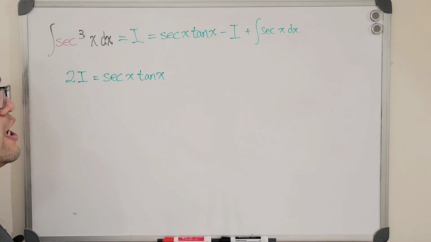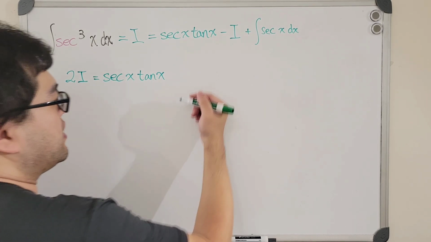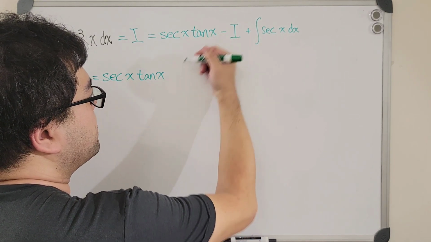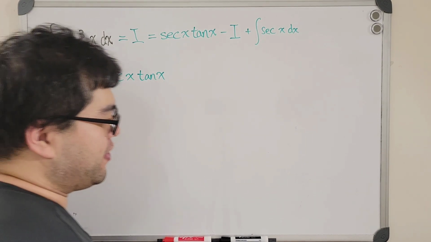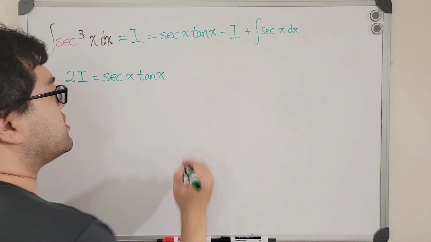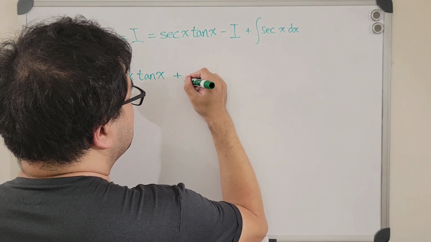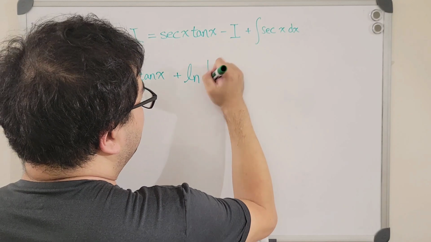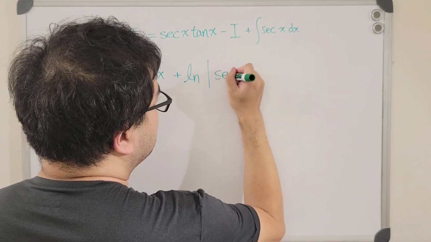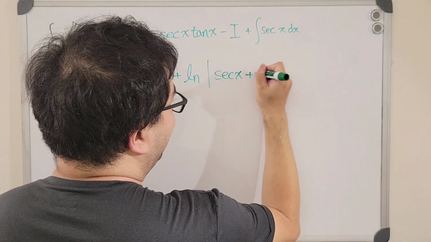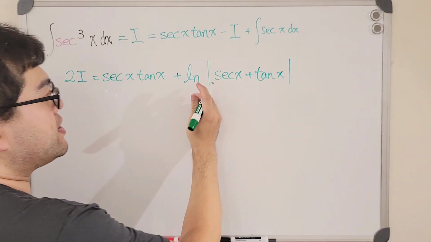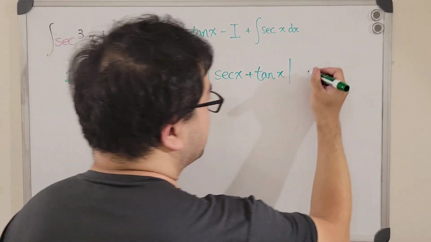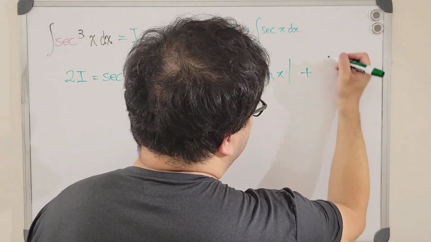And again, it is something that we have done, and it is not something that is fundamental, but hopefully you will memorize it so that it will be very handy when you need to use it, which is equal to ln of the absolute value of secant of x plus tangent of x. And don't forget, since there's no more integral, we need to put a plus c here.